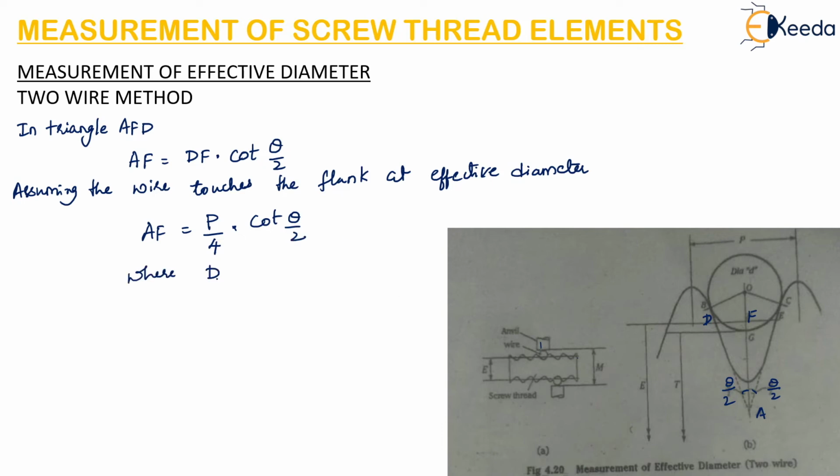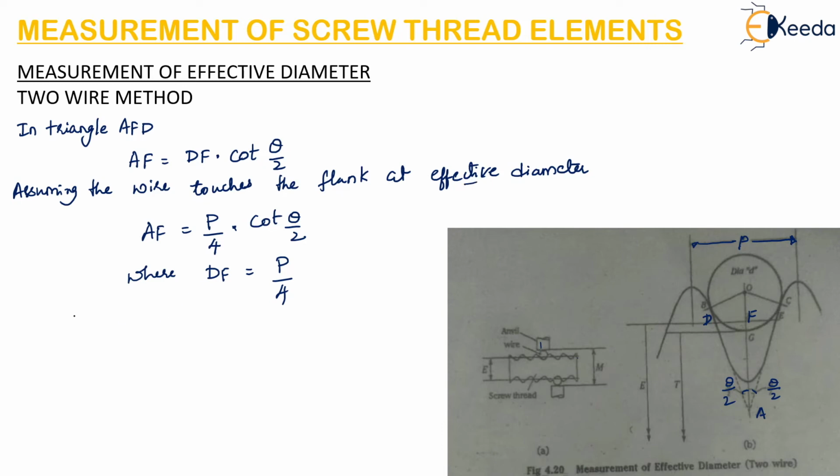Here DF is equal to P by 4, where P is the pitch. It is possible only when we assume that the wire is touching the flank at the effective diameter.